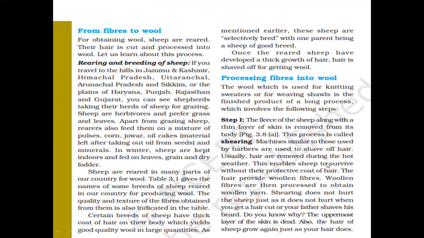And we had learned that the sheep has a thick fleece which protects it from the cold. So only when it is hot will they remove the hair, so that the sheep will not feel very cold.